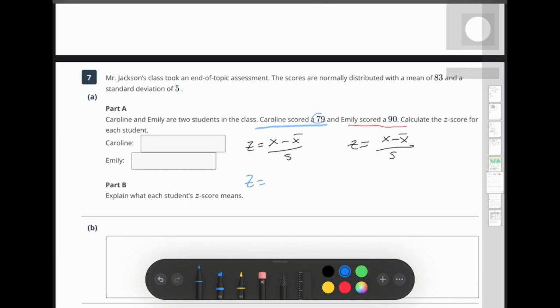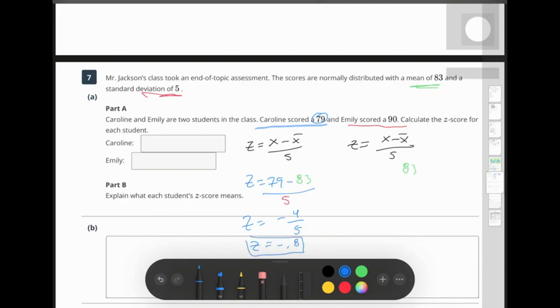Caroline has a score of 79, and the average was 83. And the standard deviation is 5. So I'm going to get negative 4/5, which is negative 0.8.